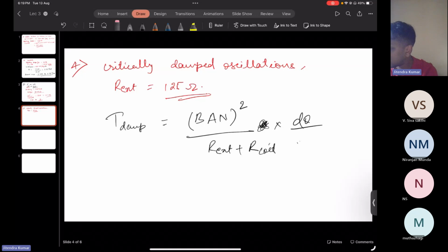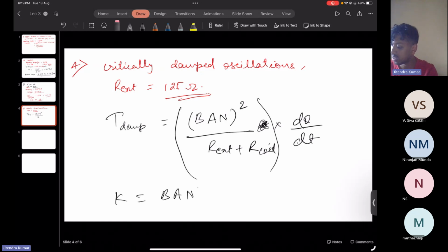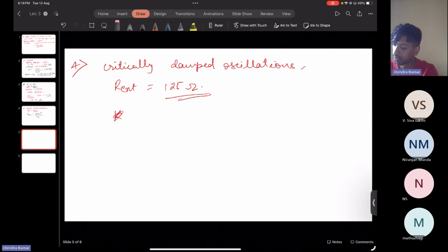And this much is the damping constant. We discussed this expression in very lengthy detail, so I hope you must have solved it. This is the constant, B A N squared divided by R external plus R coil, and all of the parameters were given.